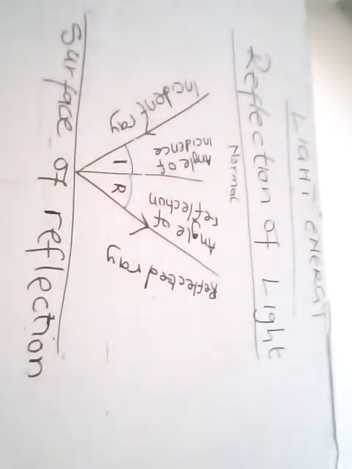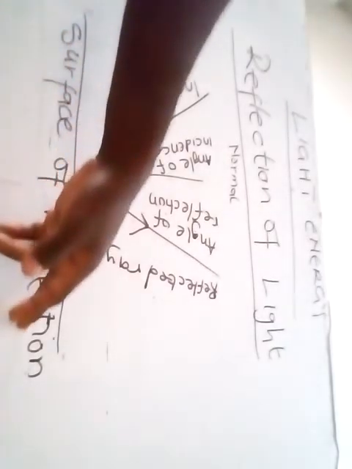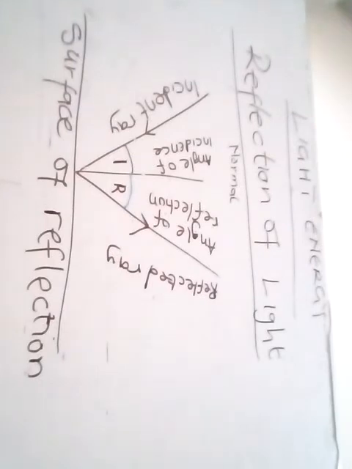Reflection. Okay, so the ray of light that hits the surface is called the incident ray, while the ray that bounces back is called the reflected ray.